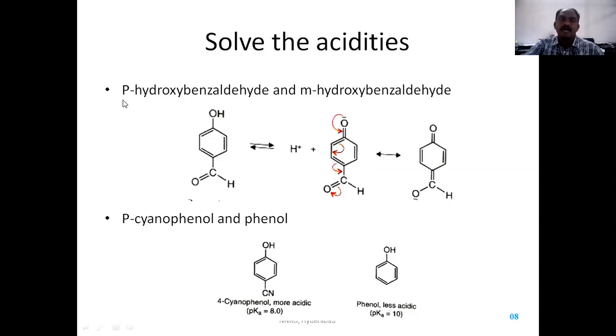So para-hydroxybenzaldehyde is a stronger acid than meta-hydroxybenzaldehyde. When you compare para-cyanophenol and phenol, the para-cyano group is an electron withdrawing group, so the acidity is more for para-cyanophenol than that of phenol. It has a pK value of approximately 7, and the pK value of phenol is 10.